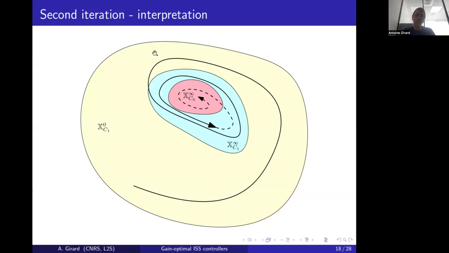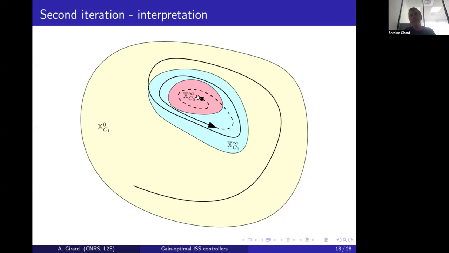To give a geometric intuition of what we are trying to do: in the first step, we designed a controller that, from any state in the yellow region, drives the trajectory to that blue region, and we stay in that blue region forever if the disturbance is at the highest level. In the second step, we computed this red region here.